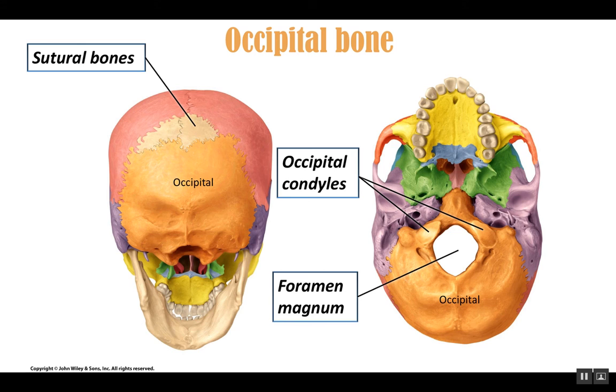What this refers to is the fact that this occipital condyle forms a joint with the atlas. The atlas happens to be the name of your first cervical vertebra. So this is what allows your skull to attach to your vertebral column.